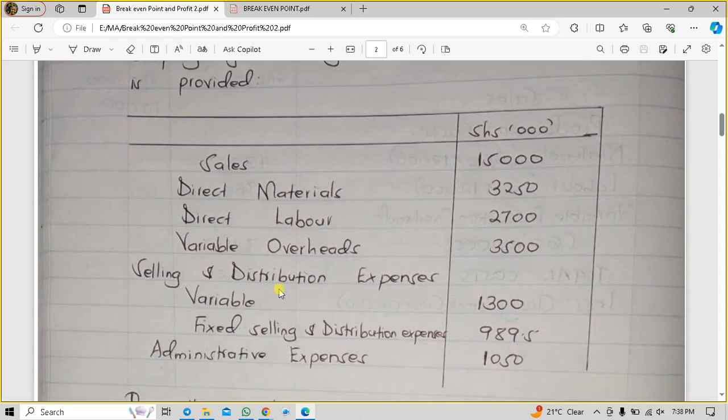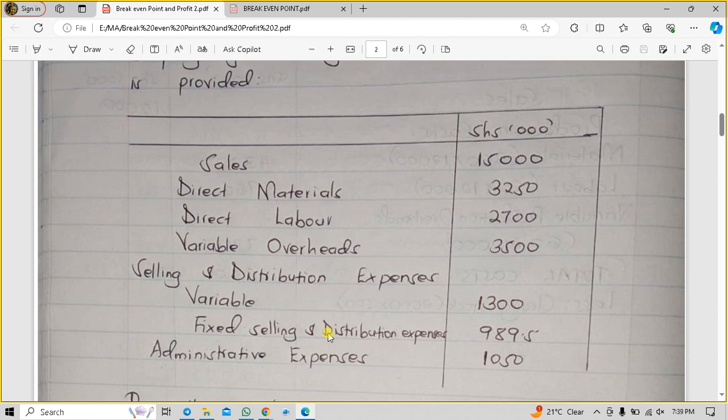So in this company, sales is 15,000, but remember there are 3 zeros here. So our sales in this case is 15 million. We have direct materials 3250. We have direct labor, which is 2700. Variable overheads is 3500. Selling and distribution expenses, we have variable.